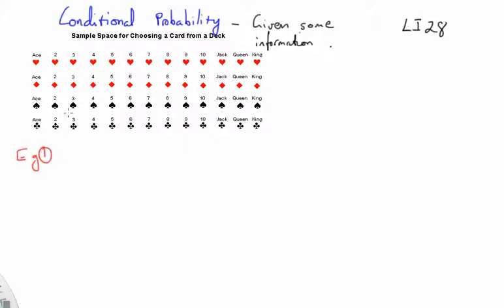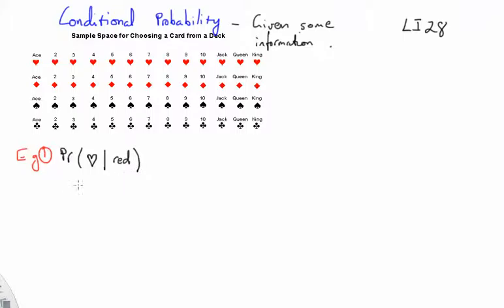So let's start with, as usual, the deck of cards. I'll do an example the old-fashioned way, and then we'll look at it with the formula. What's the probability of selecting a heart at random, given, and remember this line means given, that we know the card is red?